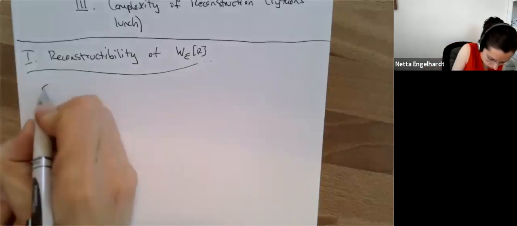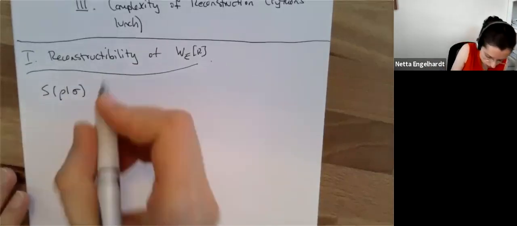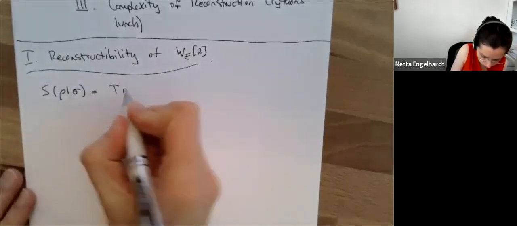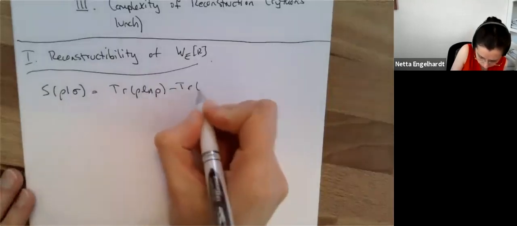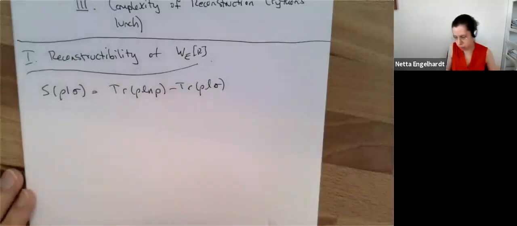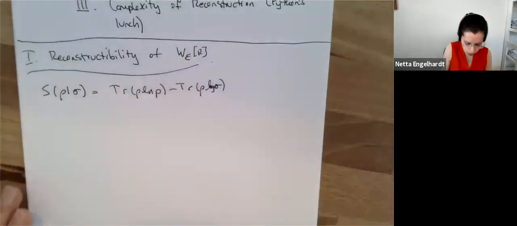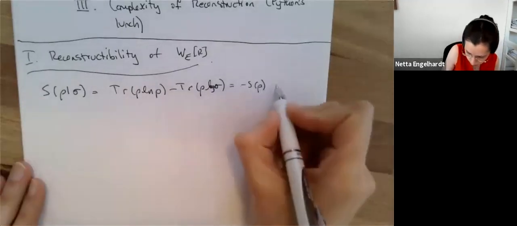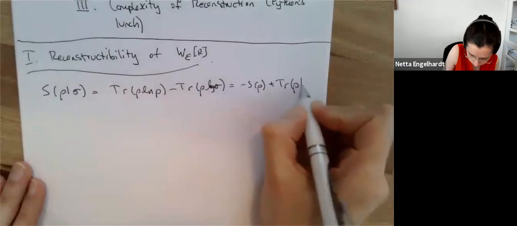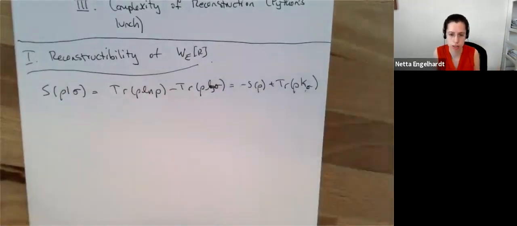If we have two density matrices, rho and sigma, then we can write the relative entropy as trace of rho log rho minus trace of rho log sigma, which we can also write as minus S of rho plus trace of rho K sigma, where K is the modular Hamiltonian, minus log sigma.